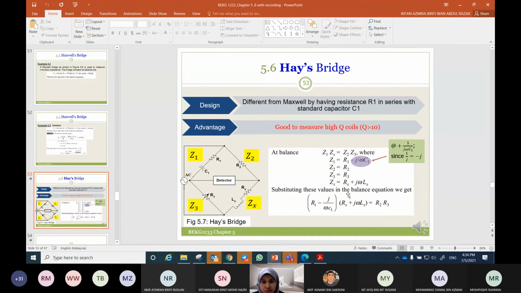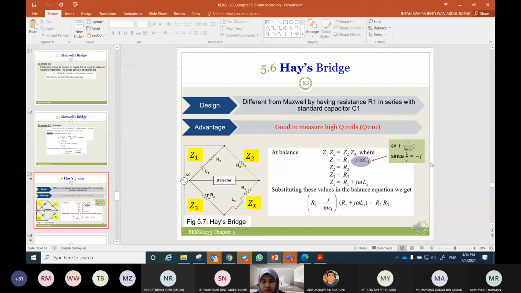Substitute the values in the balance equation. Substitute all Z's in the balance equation. So Z1 is equal to R1 minus j over omega C1. Okay, class, you can also write Z1 is equal to R1 plus 1 over j omega C1.